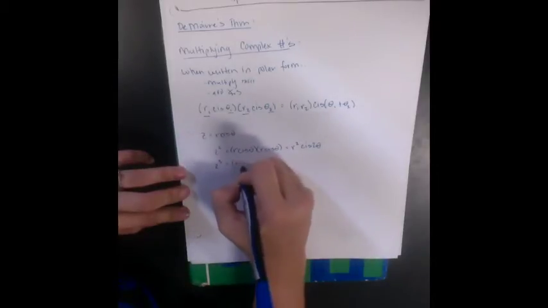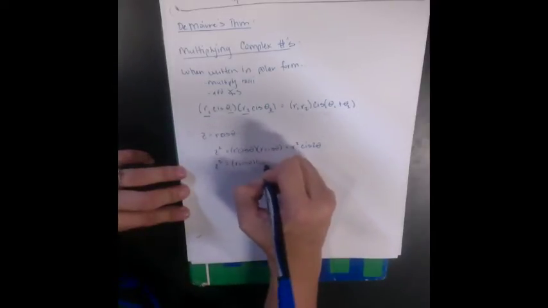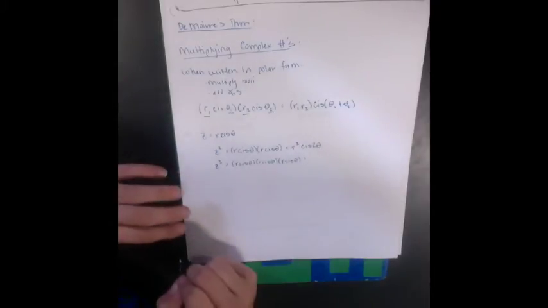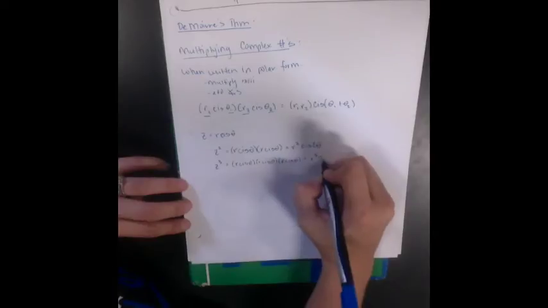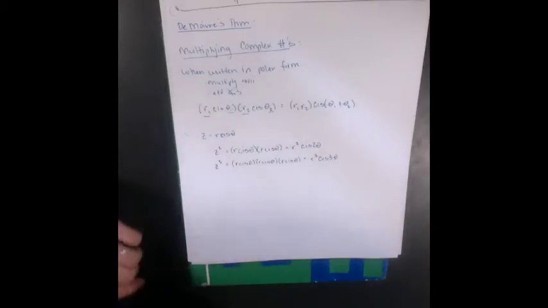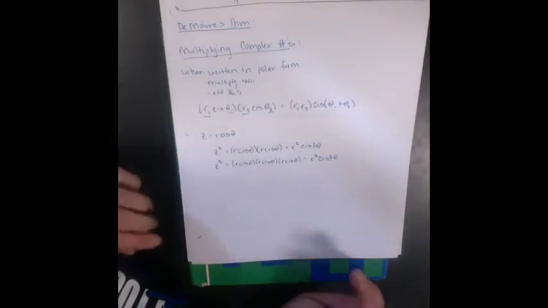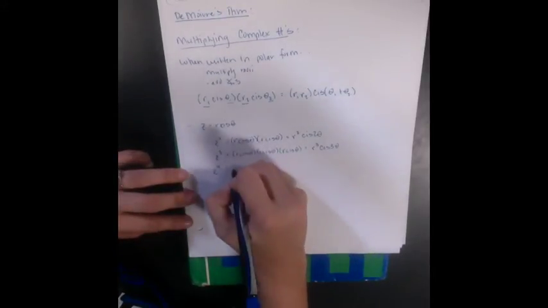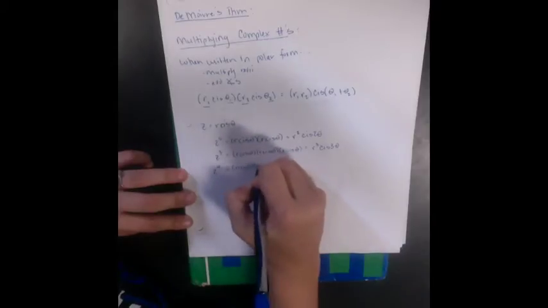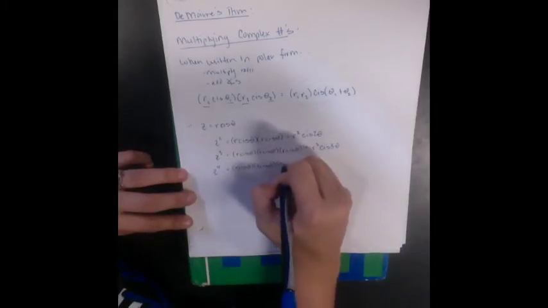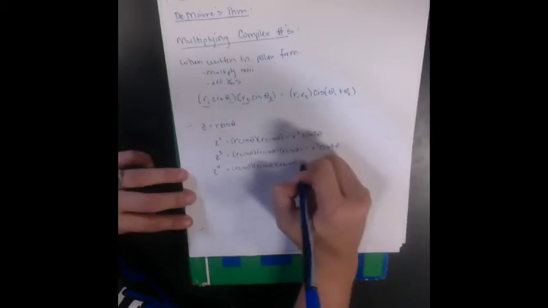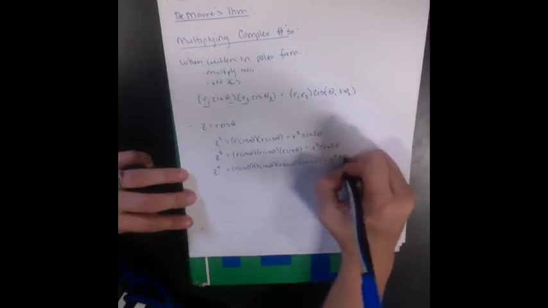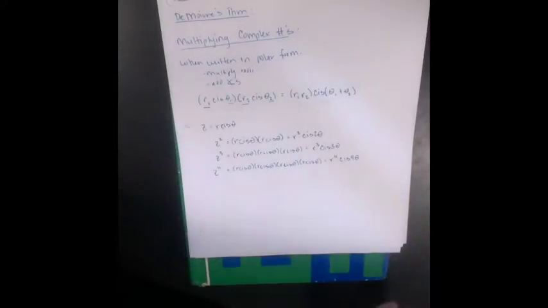I have r cis theta times r cis theta times r cis theta, giving me r cubed cis 3 theta. Let's keep going. What if we have z to the 4th? We have r cis theta four times, and it gives me r to the 4th cis 4 theta.